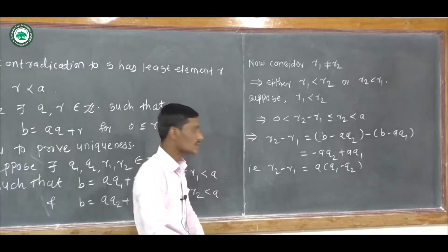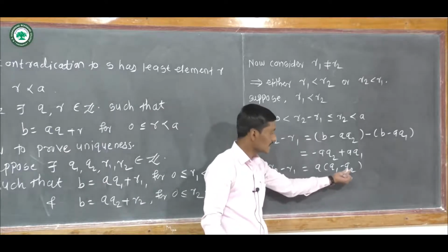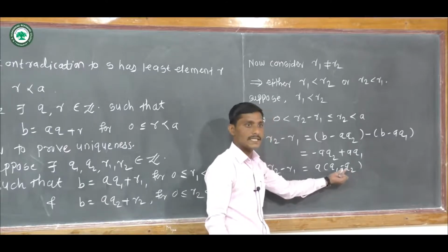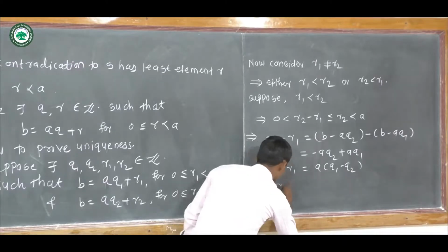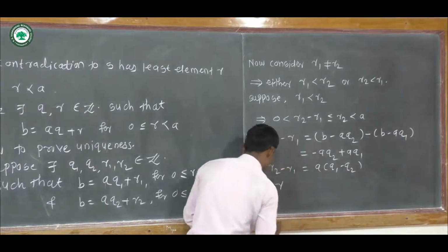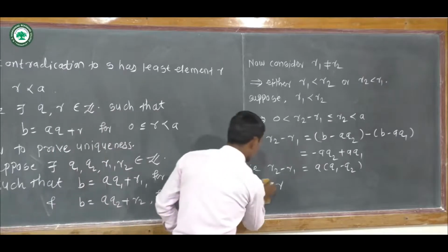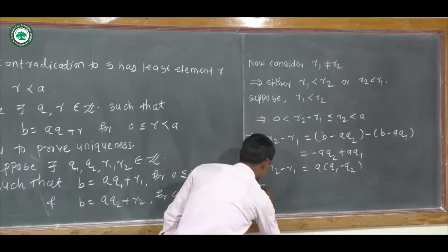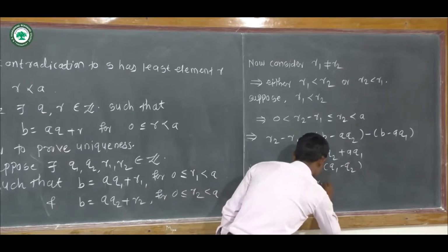By using the definition of divisibility, q1 is an integer, q2 is an integer, so q1 minus q2 is an integer, which implies a divides r2 minus r1.